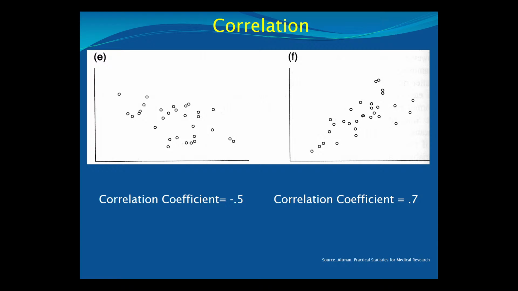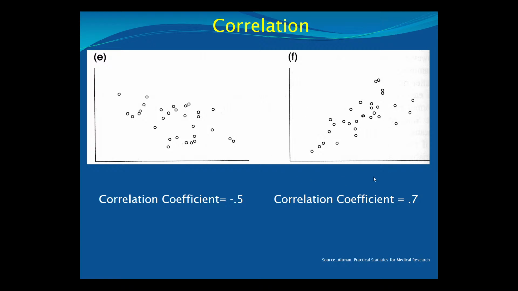For negative correlation, variables go in the opposite direction. That means if one variable increases, it affects the second variable to decrease, or if one variable decreases, it affects the second one to increase. For a positive sign, both variables change in the same direction. For a negative sign, they change in the opposite direction.